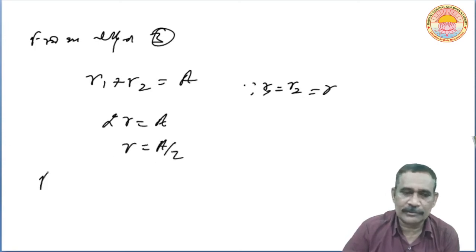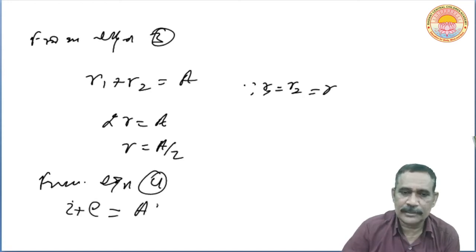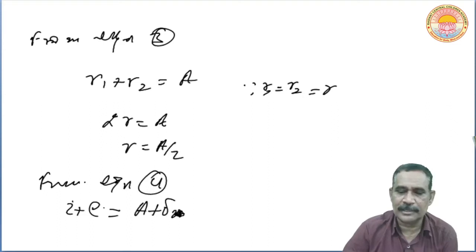Now from equation 4, I plus E equals A plus delta.